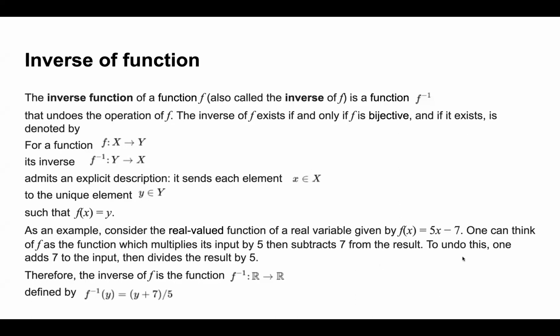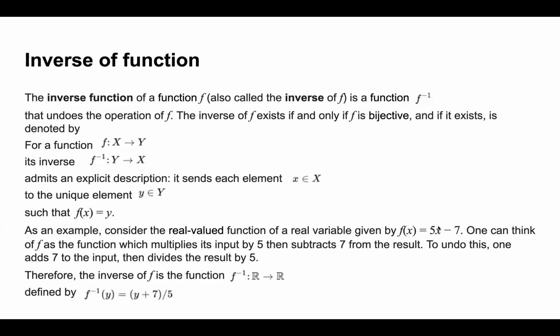Okay, to undo this, one adds 7 to the input, then divides the result by 5. Okay, what is the reverse process of this 5x minus 7? Input is multiplied by 5 and 7 is subtracted from that.